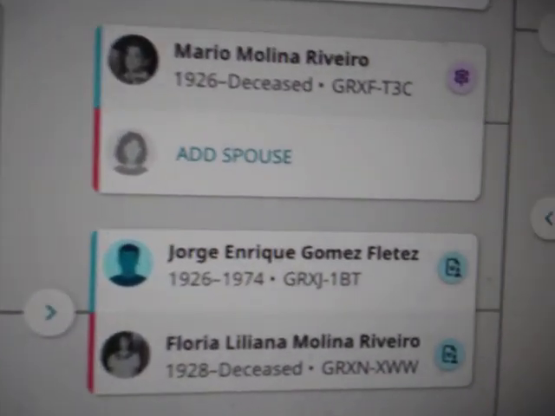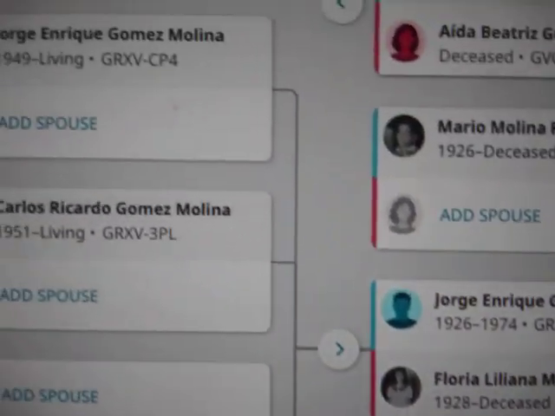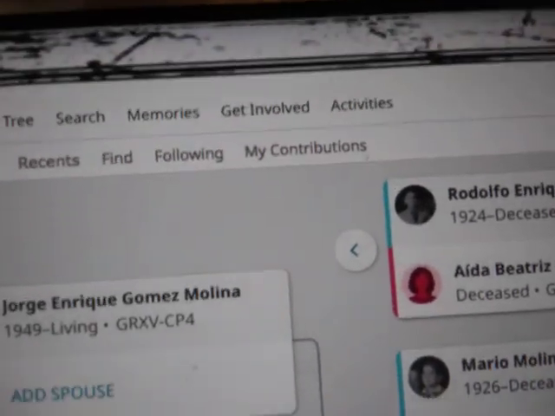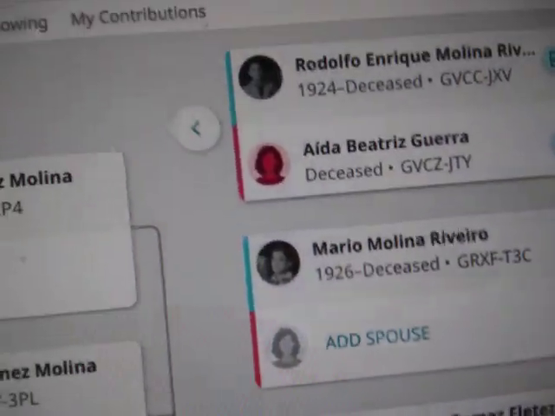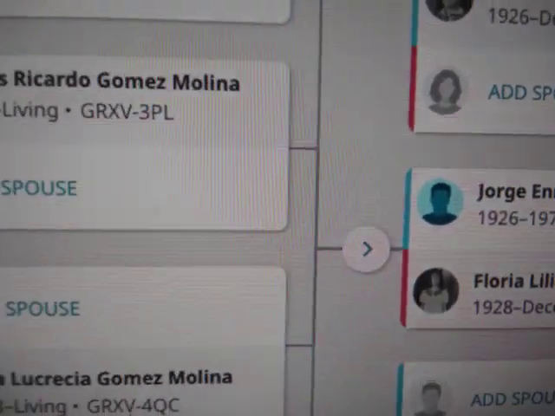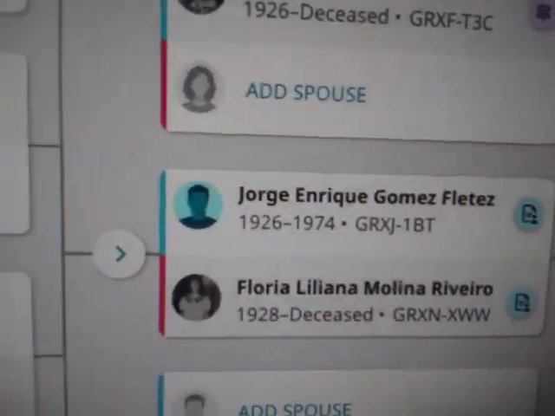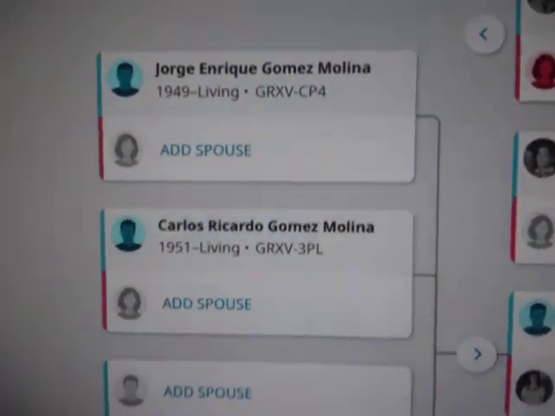You might recognize some names here, right? For example, there is Lily and my dad, our parents right here, Jorge Enrique Gomez and Liliana Molina, and here we are, guys.